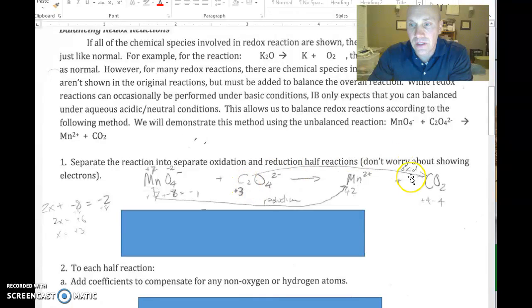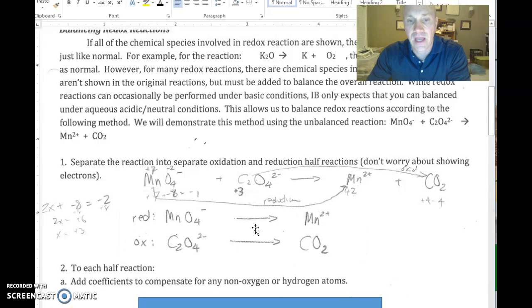So +3 going to a +4, that's going to be an oxidation. All right. So the first thing that we're going to do is separate these two things into a reduction and an oxidation half reaction.